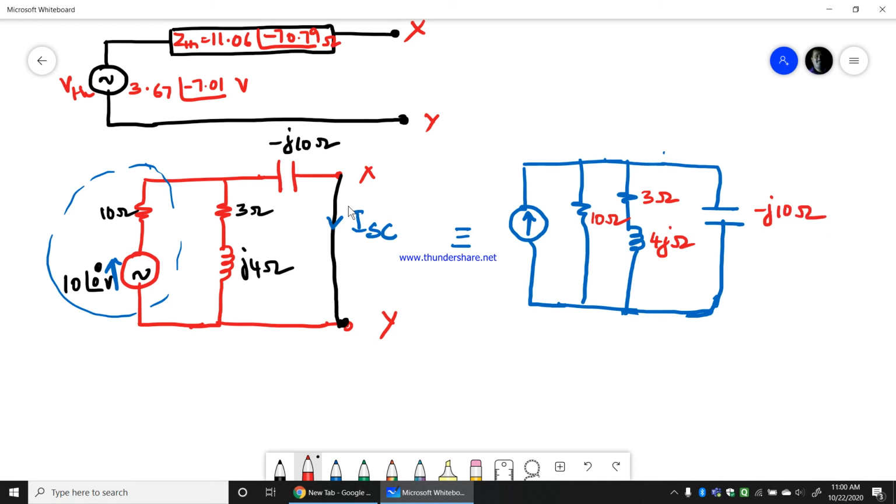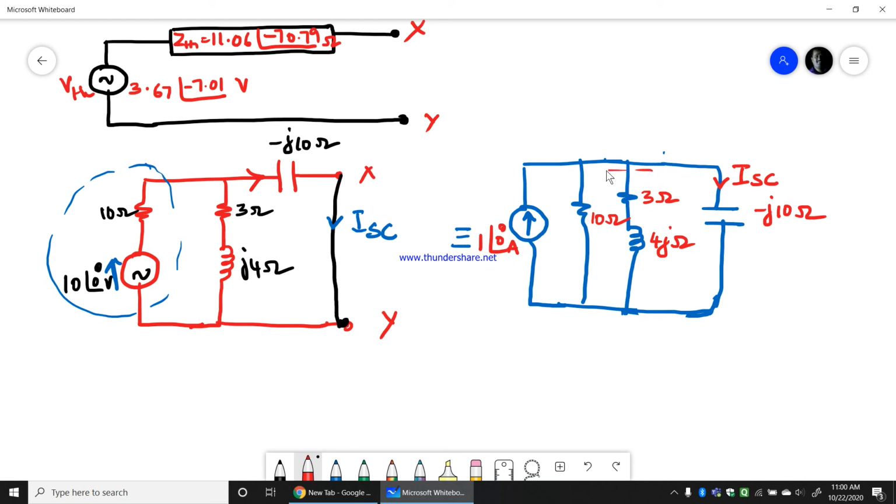Now as ISC is the current through this short circuit, it is nothing but the current flowing through this minus J 10 ohms. Therefore ISC, which we need to find out, is the current through minus J 10 ohms only. And this current is V by R, 10 by 10, which is 1 at an angle 0 degree amps.